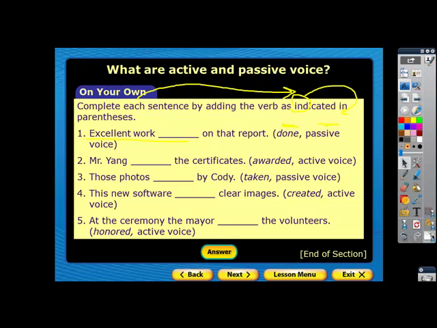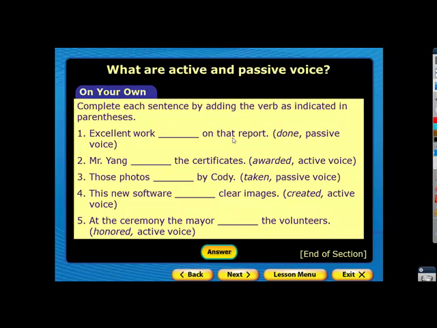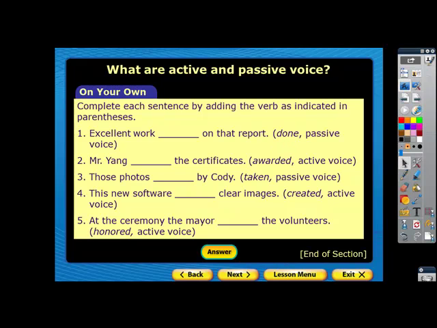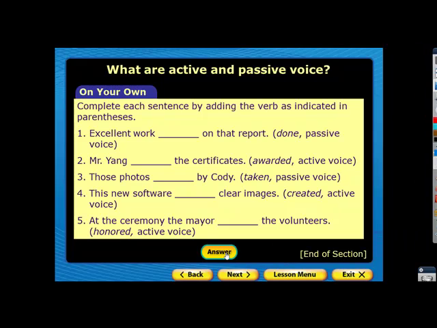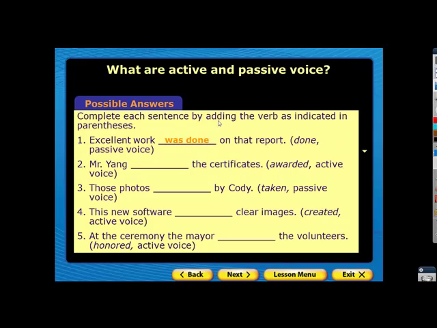All right, the first one: excellent work on the airport. He needs me to use done in the passive voice. Yes, there are too many possibilities that can be done here. Like what? Which tense? It depends. Like here, excellent work was done. Next, Mr. Yang, the certificates awarded, in the active voice.